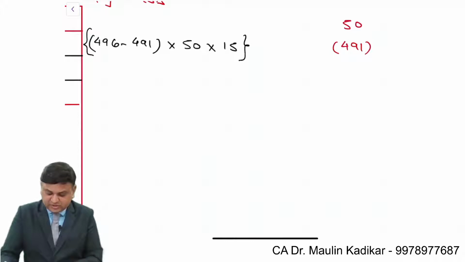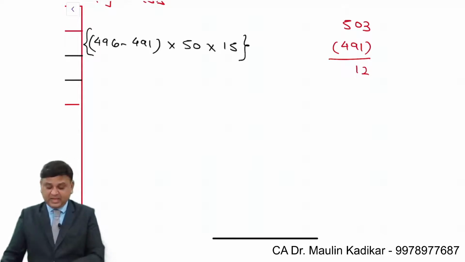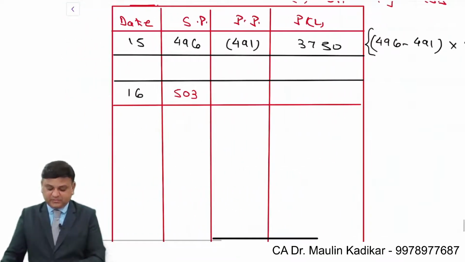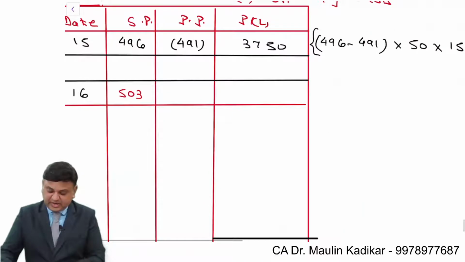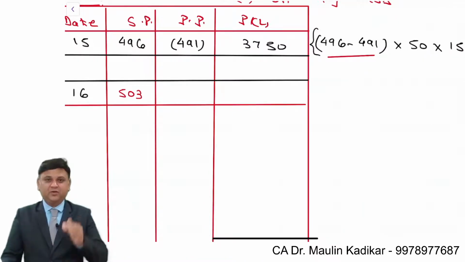Now the price is 503. So technically there is a profit of rupees 12. However, out of this 12 rupees, a profit of rupees 5 has already been credited to your account, that is 496 minus 491. So now only 7 rupees of profit is yet to be credited.